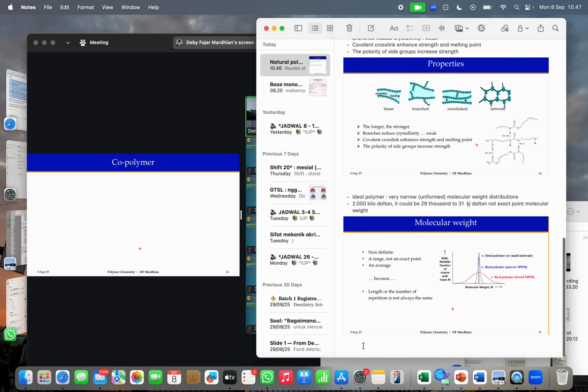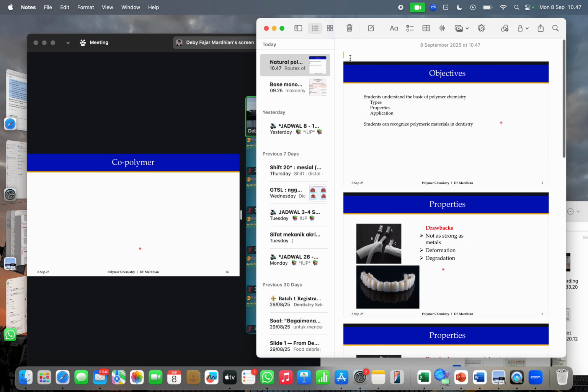And I mentioned copolymer in the previous slide. So when we have polymer, we could have homopolymer, or polymer with the same repeated monomer. What about different monomers?